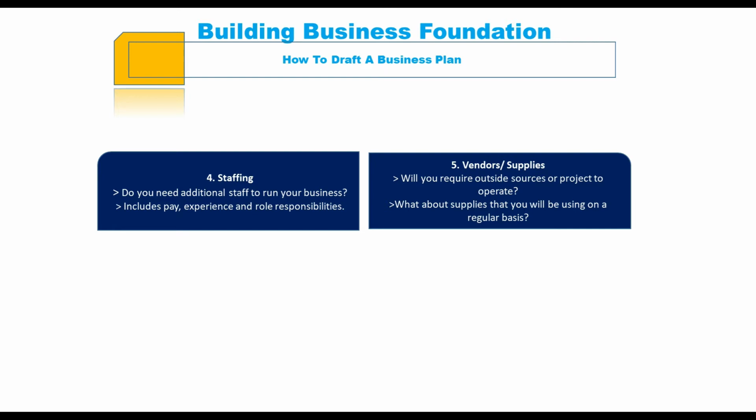So right, and number five, vendors and suppliers. Will you require an outside source or project to operate? This is very much similar to something like if you have a franchise business or a distribution business, you want to know where your inventories or products can be shipped or stored. So you may want to have a list of who's going to be your vendors.